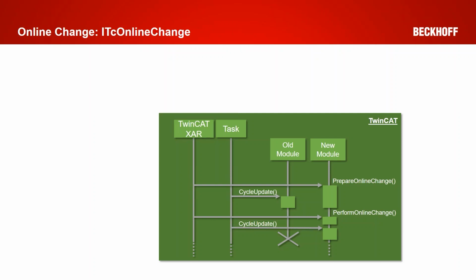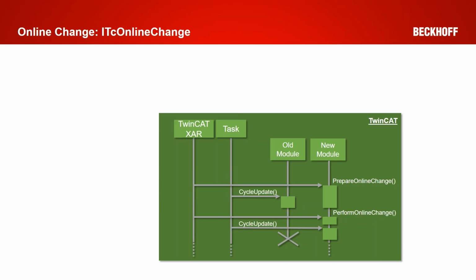So it could be a long-running method call where you are doing operations on data, maybe from the old module or from anything else, which is not about to be cyclically changing, because everything you would calculate within the PrepareOnlineChange method could be outdated immediately, because the cycle update method is called on the old code again.